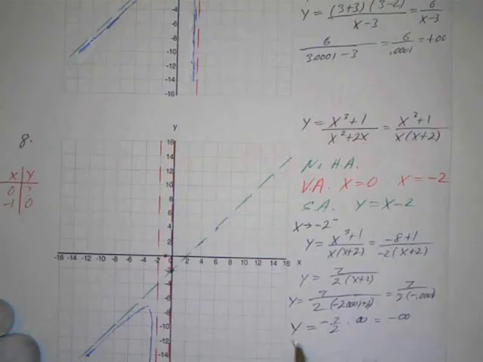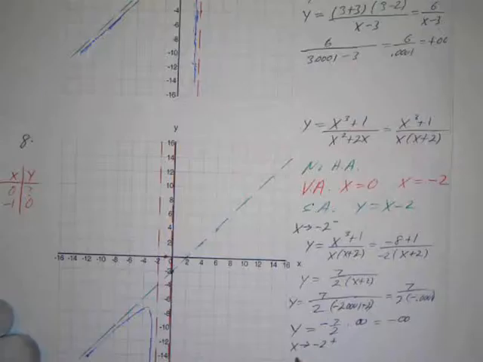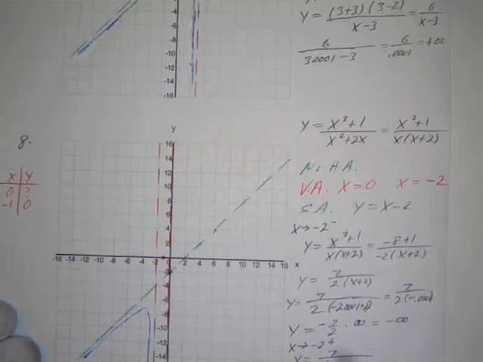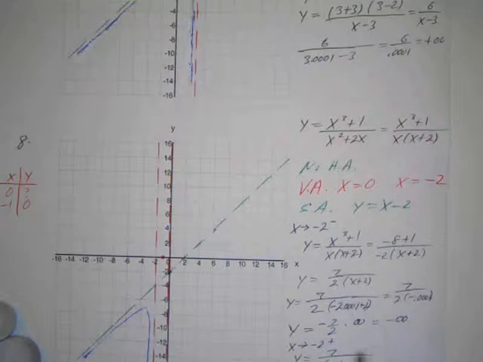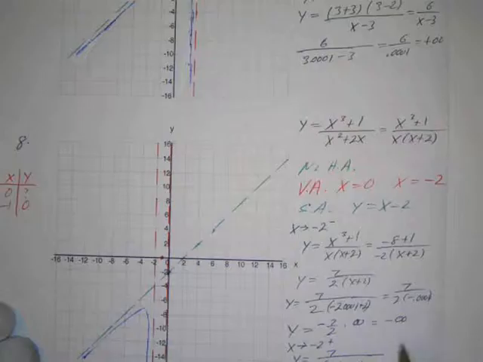How about as x approaches negative 2 from the positive direction, I've got y equals 7 over 2, and this is the x plus 2, but that's going to be a little bigger, so that's going to be negative 1.99999, which would be almost negative 2. And then I'm going to add 2.